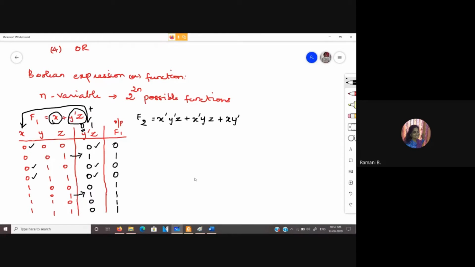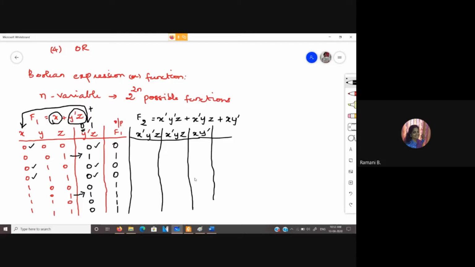So I will just continue over here because x, y, z is going to be the same. I will just give the remaining terms alone for this. So x bar, y bar, z. Then we have x bar, y, z. Then we have x, y bar. And then we have f2.